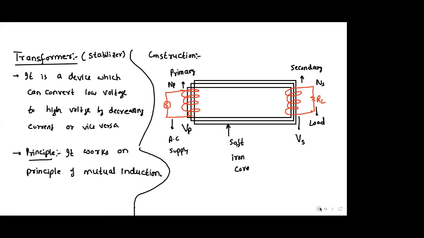NP, number of turns in primary. And Ns are simply the number of turns in secondary.